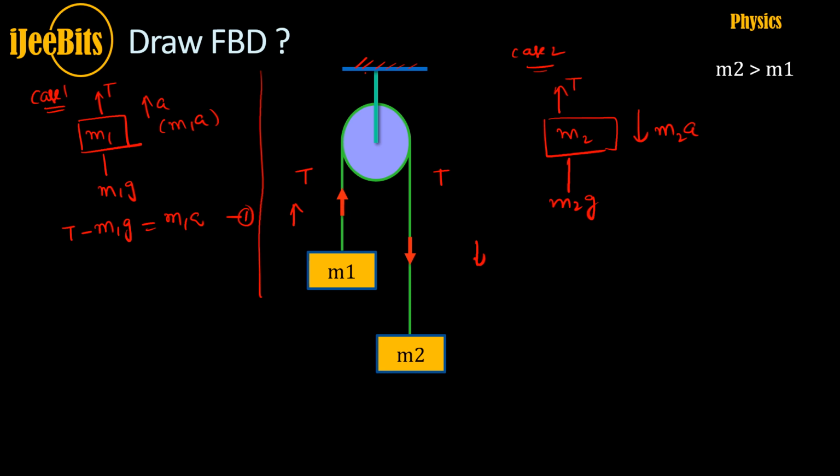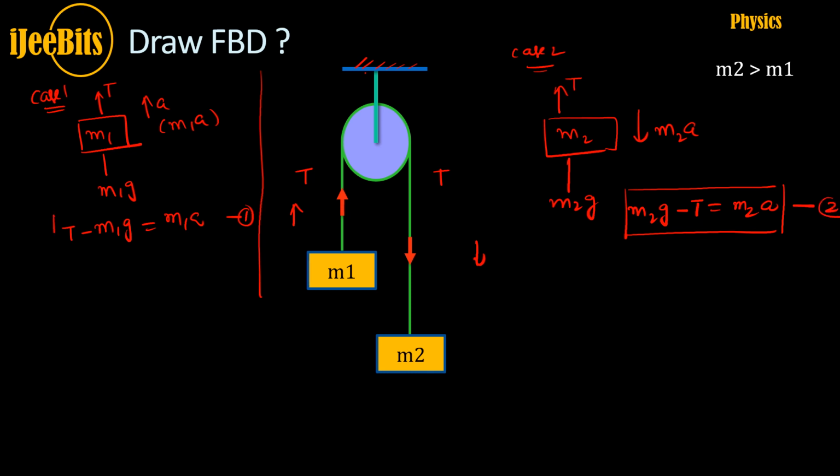So how do you calculate the equation? Net force: M2G minus T equals M2A. Agree? This would be your equation 2.